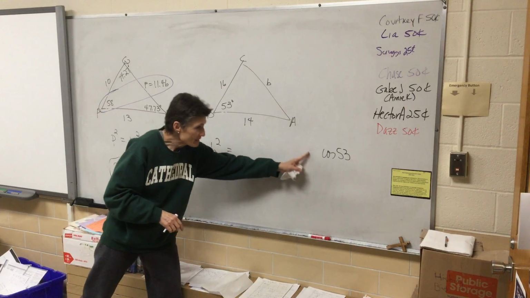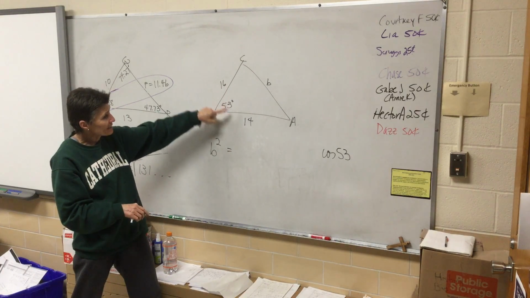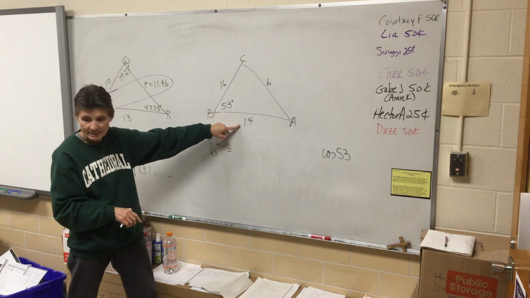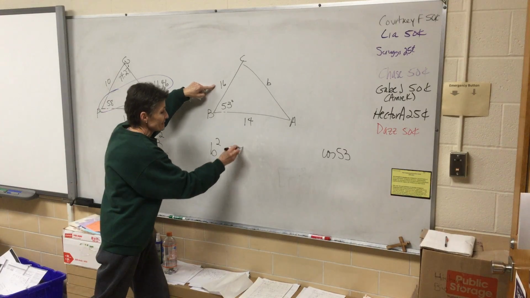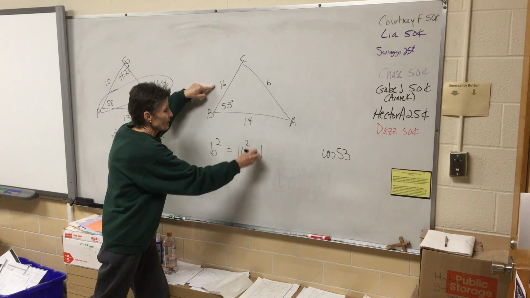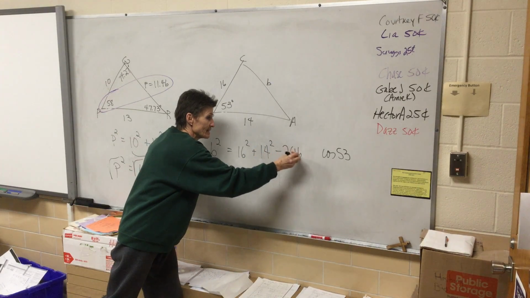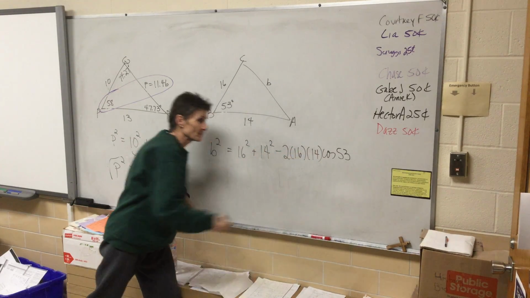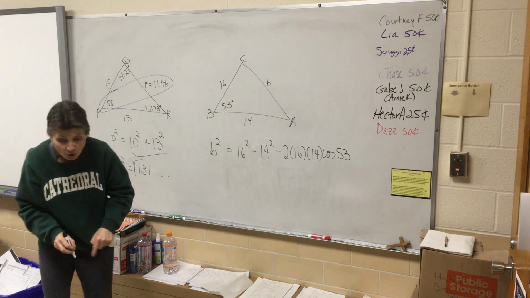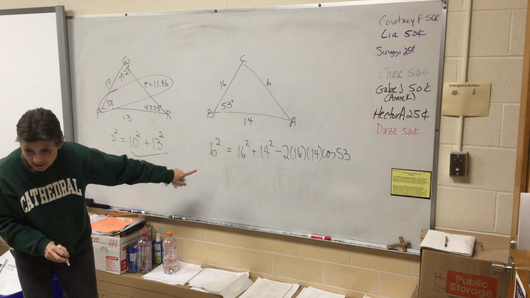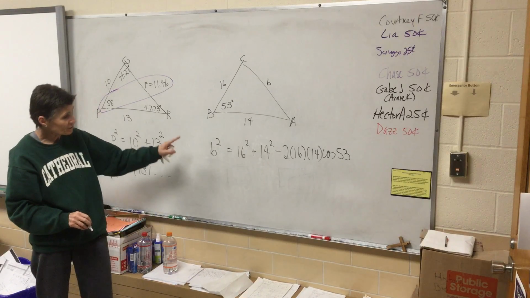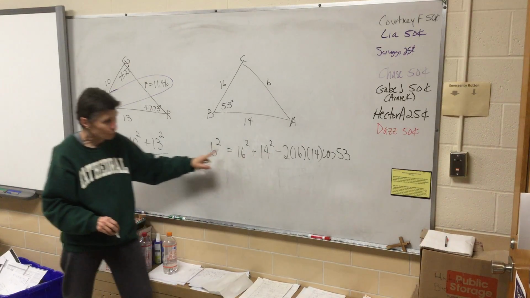And then everything in the middle is a combination of the 16 and the 14. So it would be 16 squared plus 14 squared minus 2 times 16 times 14. No, I made this up. This is a made up problem. I just want to show you again how the law of cosines works.